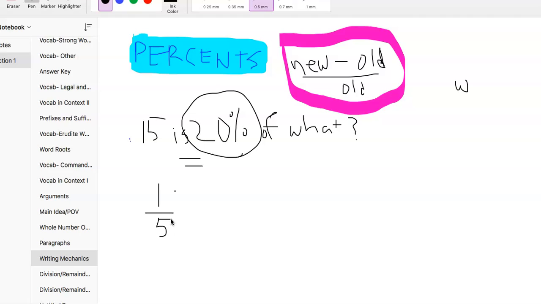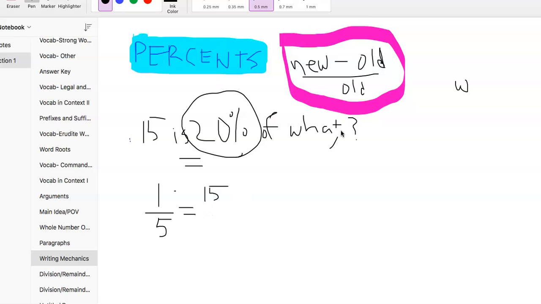You can take out your calculator and divide it if you want. 1/5 is 20%. Okay, so we want to know that.